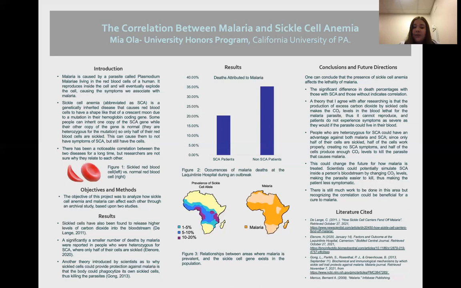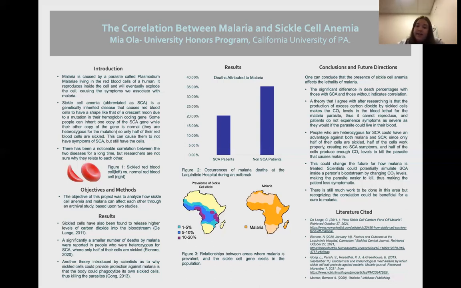Since these red blood cells that are sickled emit carbon dioxide, the plasmodia could be killed. So this level of carbon dioxide is theorized to be lethal to plasmodia. That is one theory as to why red blood cells that are sickled could provide protection against malaria.